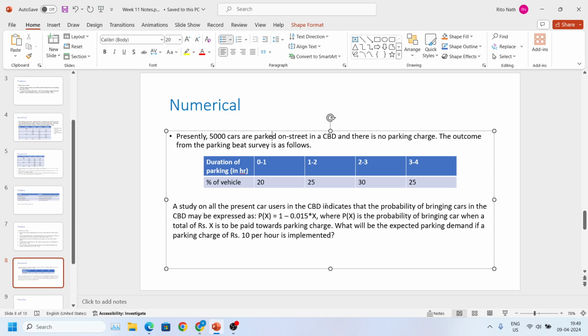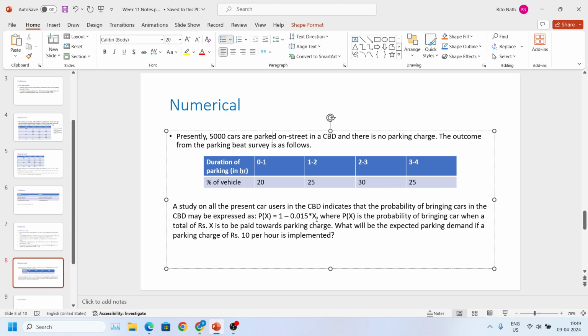In the slides, just one thing you have to be careful about: for 1 hour, this is 1 minus 0.015 times x.